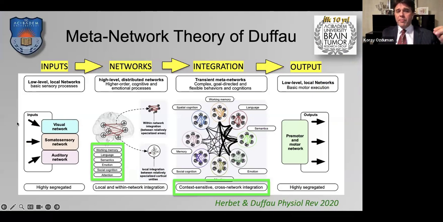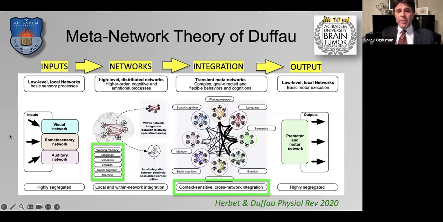We have inputs that Marcel Mesulam told us about, like the visual input, seeing something, the somatosensory input, touching something, the auditory input, hearing something and understanding what's going on. And then the limbic system gives us information about whether we're thirsty, if we need salt, if we're hungry.